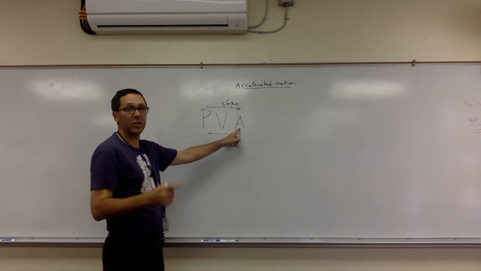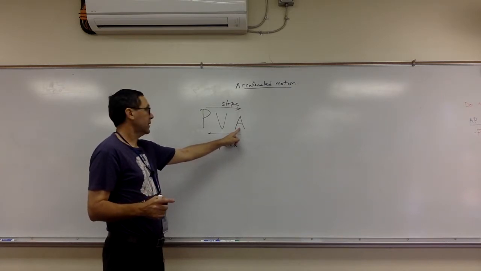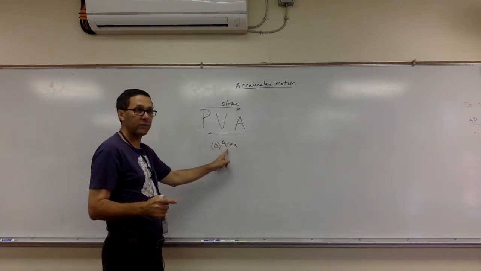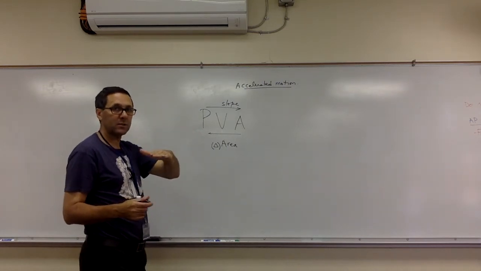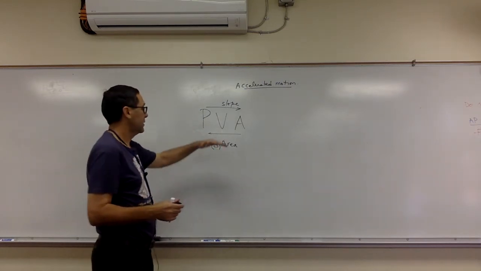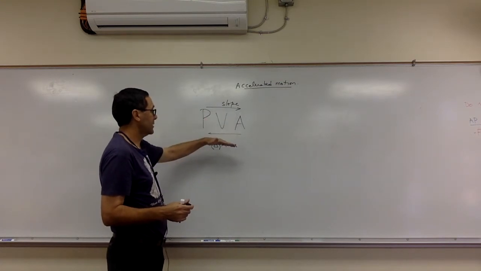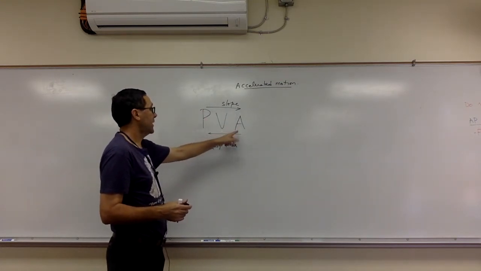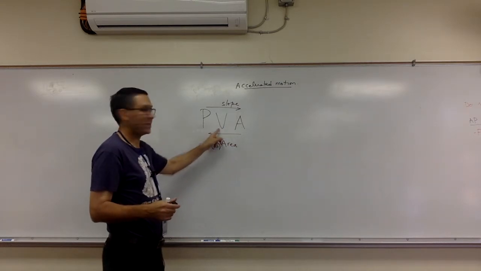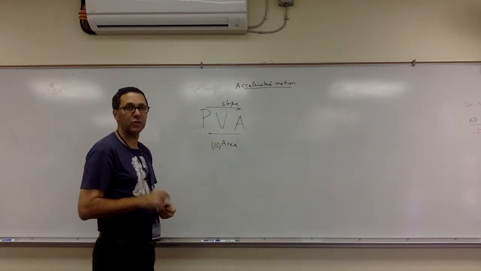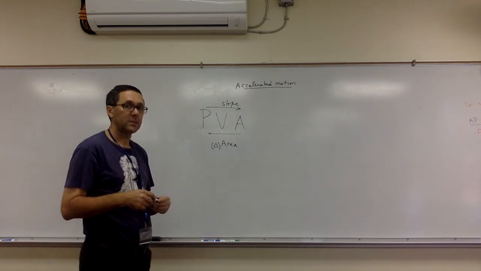If you have an acceleration time graph, and you do the area under the curve, and always consider that anything below the time axis, the area is going to be negative. If you find the area in an acceleration time graph, it's not going to give you the velocity. It's going to give you the change in velocity, because you don't always start at zero.